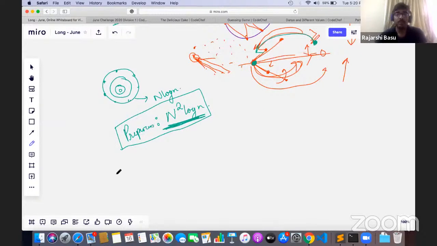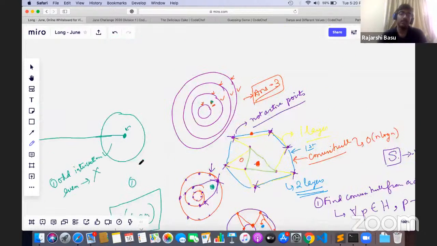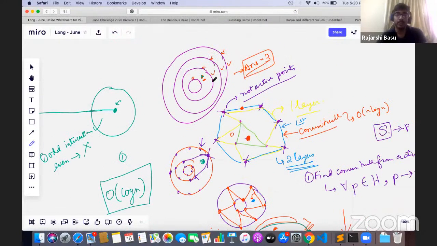Now, what happens in a query? In a query, the simplest thing that was meant to pass is, for every hull, you just iterate. There can be up to order n hulls. So you iterate over all the hulls and check whether the candle point lies inside the hull or not.